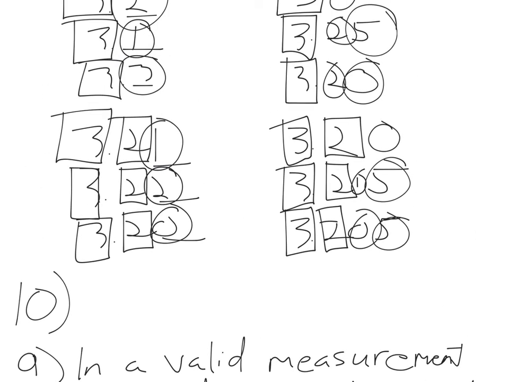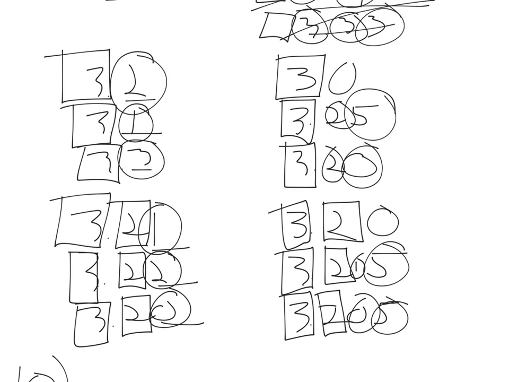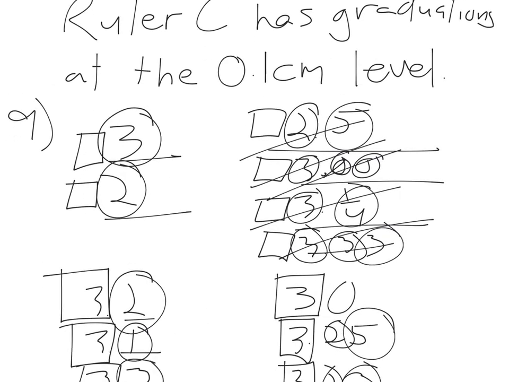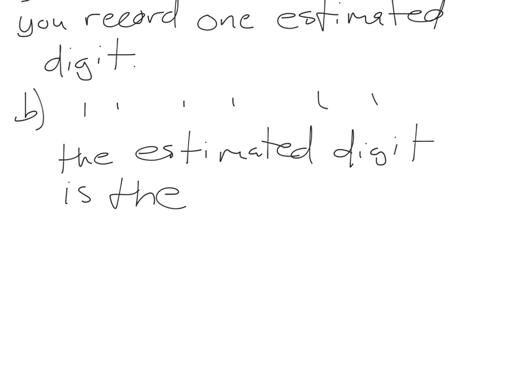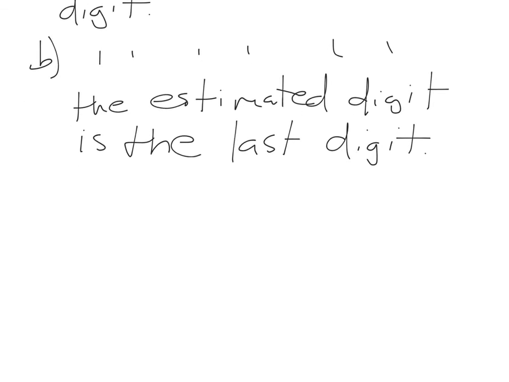Well, let's look. It's all the ones I underlined on the left side, not on the right. And I underlined the last digit every time. So the last digit in any measurement is estimated. That's the one with the bit of uncertainty to it, or variance to it.